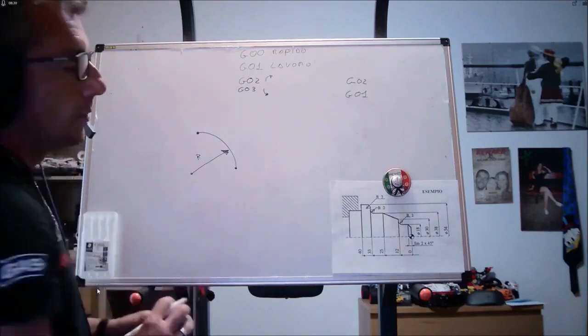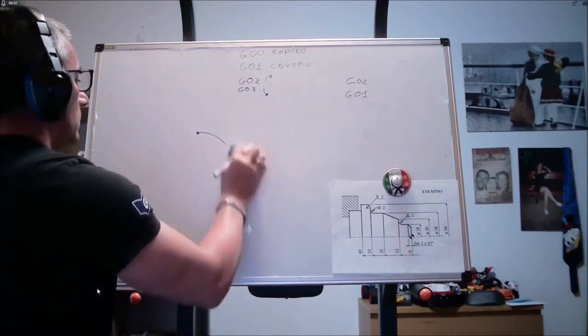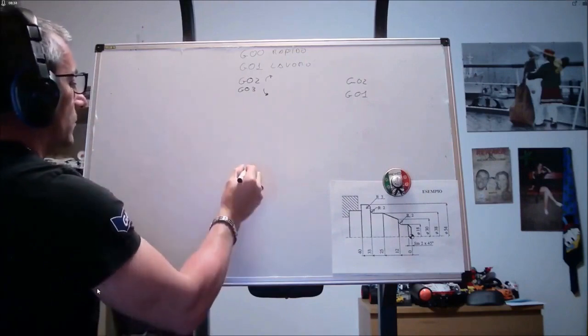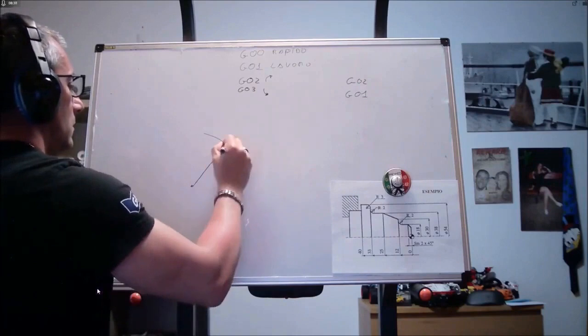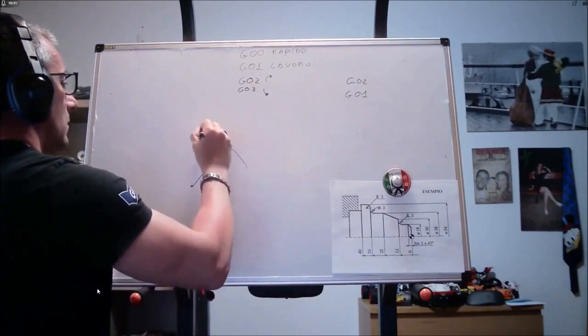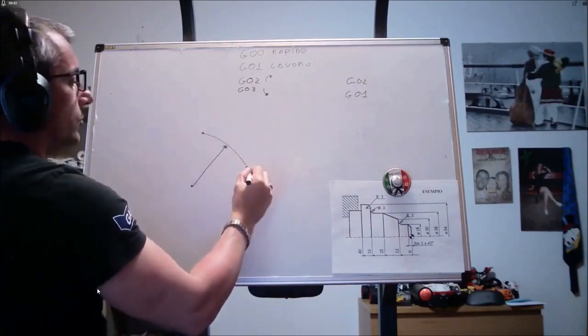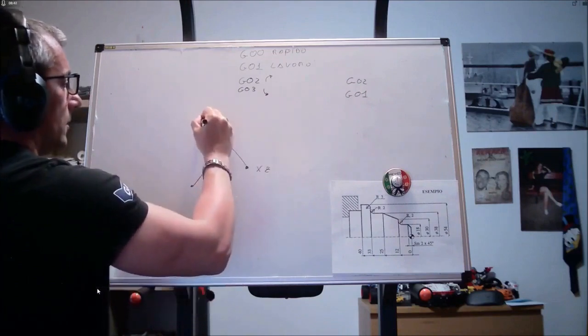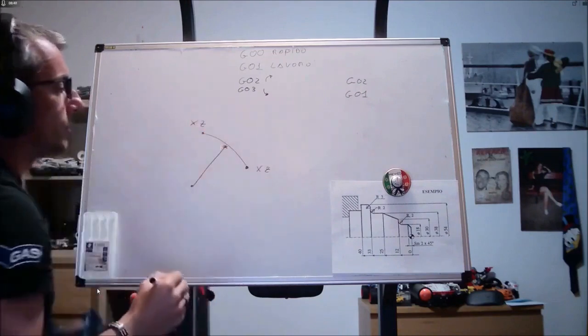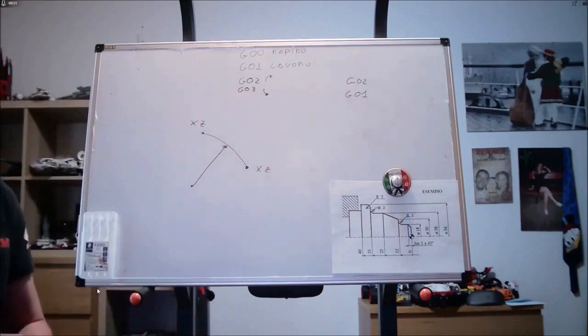So I will draw it in a way that is clear and easy to understand. If this was my starting point, I would mark it with an X and a Z, which are the coordinates that determined its exact location. This was my final point, also with an X and a Z that determined it.